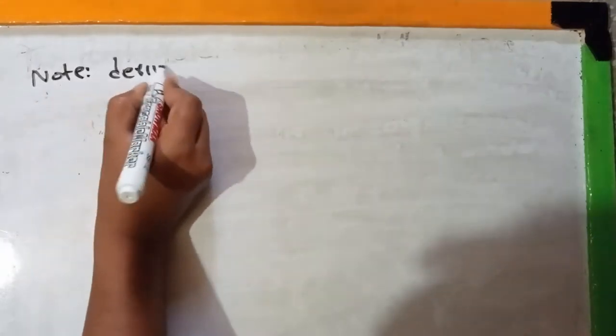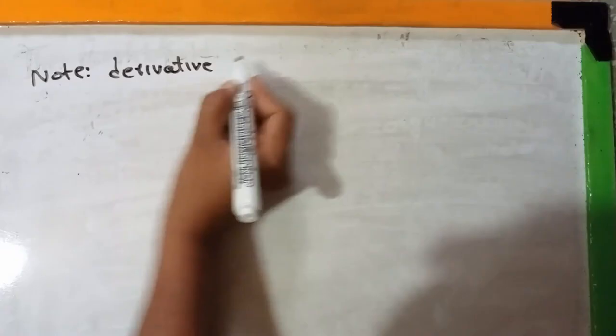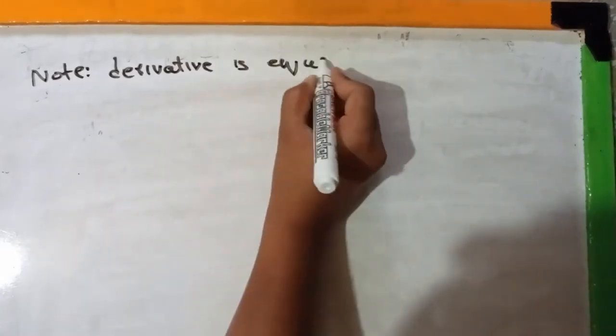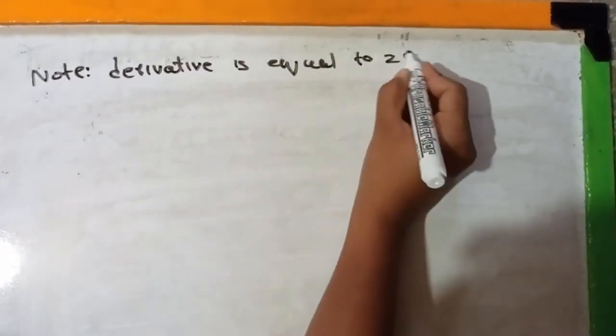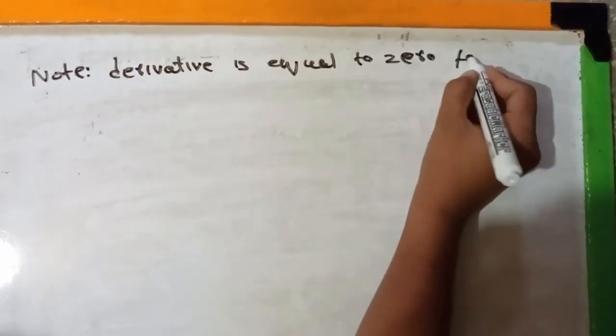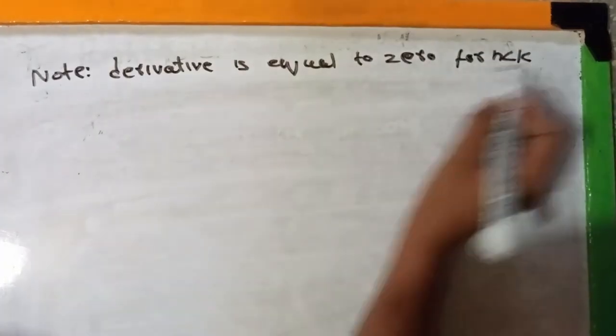Note: the kth derivative of x^r is equal to 0 for r less than k.